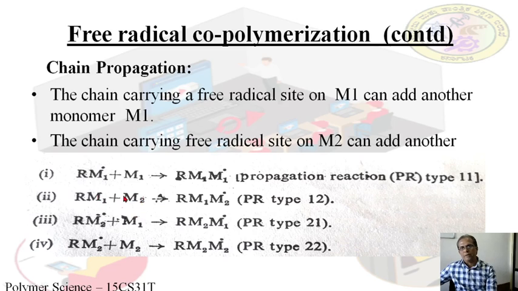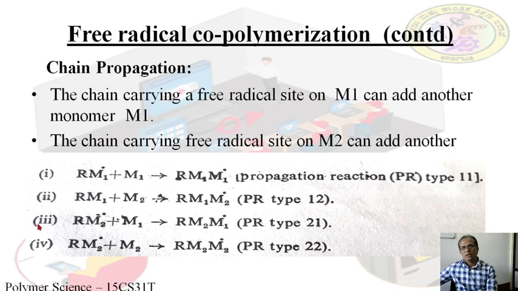Again the linking up of this takes place and the free radical site will be shifted to the M2 monomer unit, and thus propagation proceeds. Here one type of monomeric unit links up with another type of monomeric unit, therefore the propagation of this type is called 1,2 type.